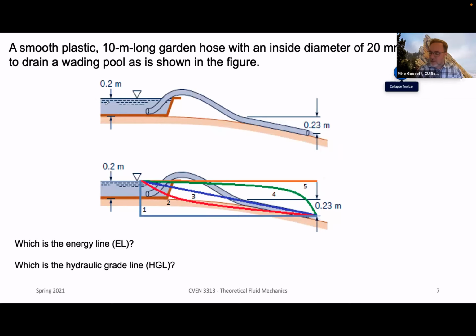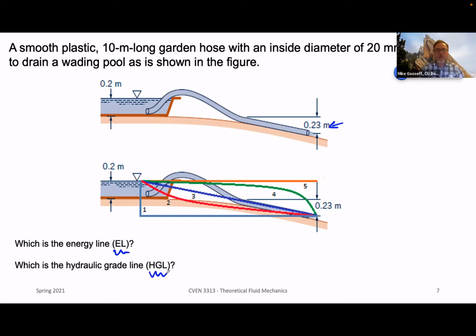So here's our little pond, here's the garden hose, and it's basically draped and let to go downhill. We're given this change in elevation of 0.23 meters. The question then is, which one of these 1, 2, 3, 4, 5 lines represents the energy line and which one represents the hydraulic grade line?